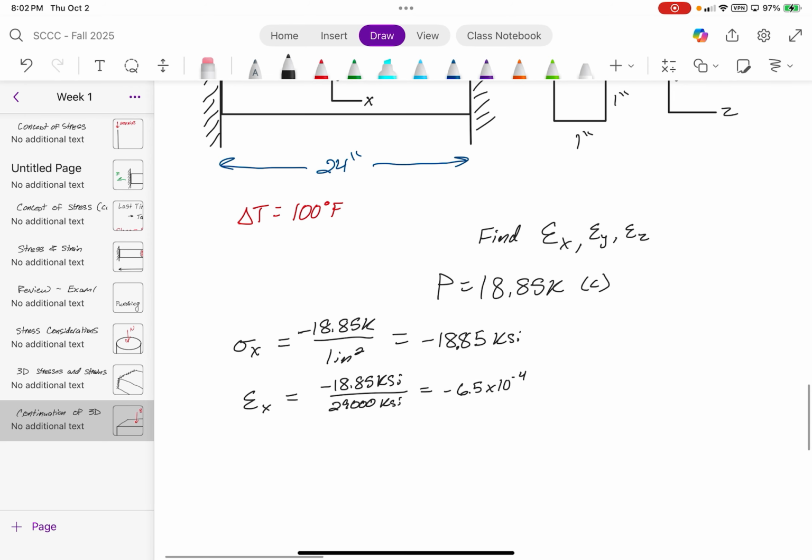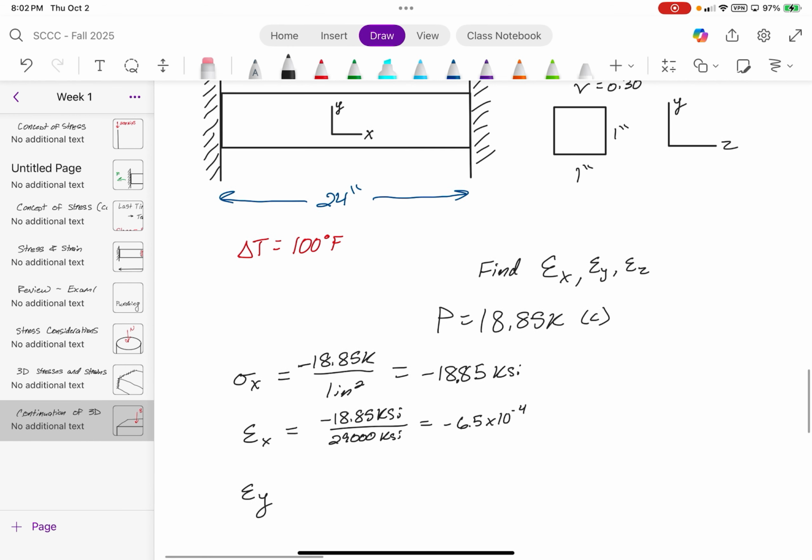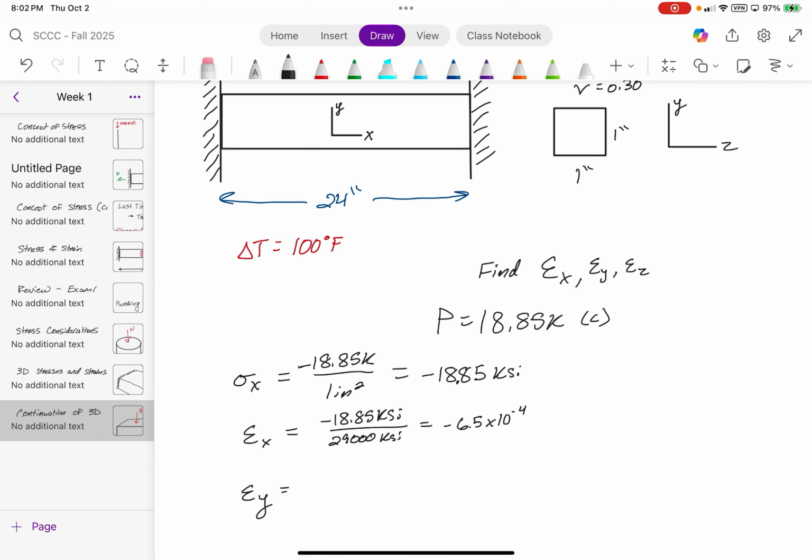From there, you can compute epsilon y, which should equal epsilon z, because the lateral strains are direction independent. And even if you were kind of confused, the lateral deformations are going to be the same too, because it's 1 inch by 1 inch. So the lateral deformations, if I had asked you that, would be the same also.